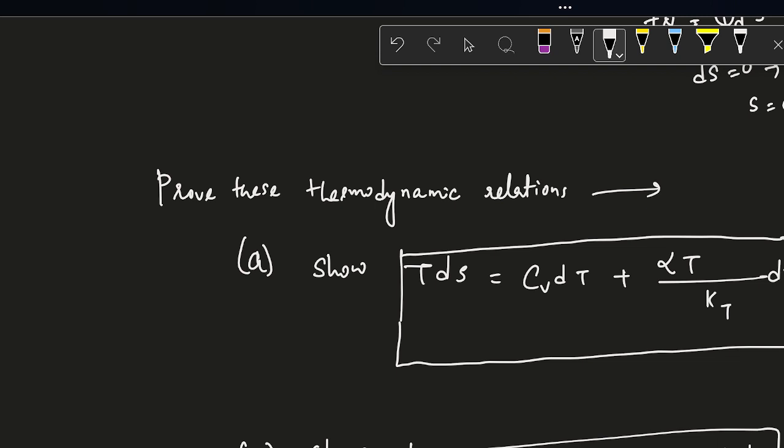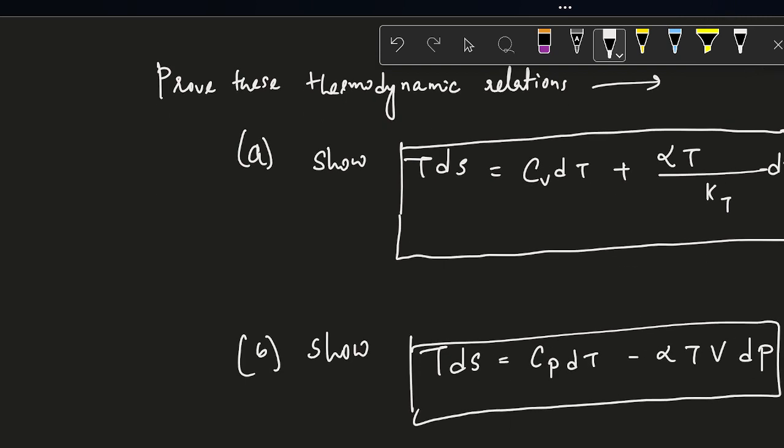So it is the rate of change in volume with respect to temperature at a fixed pressure. So this is your volume expansion coefficient alpha, the volume expansion coefficient at constant pressure.